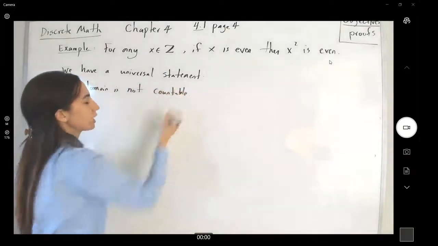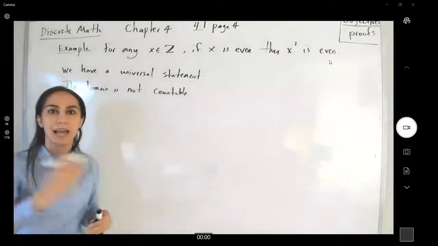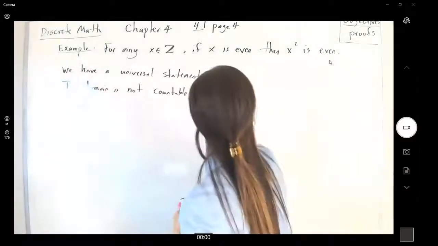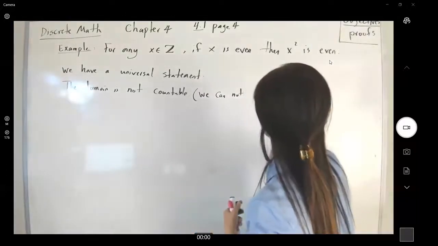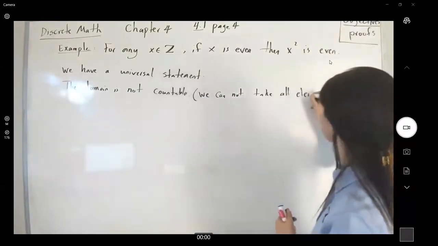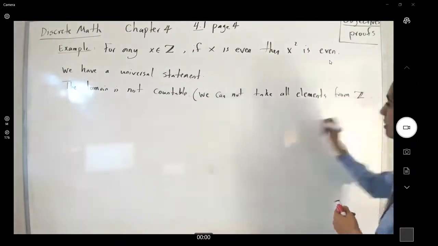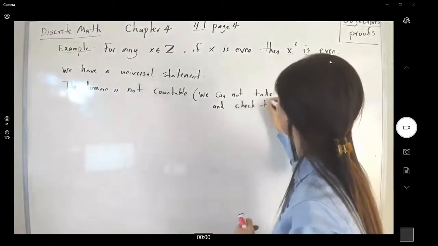So it means that we cannot take values from Z and check each one of them. It's impossible. We cannot take all elements from Z and check the statement.